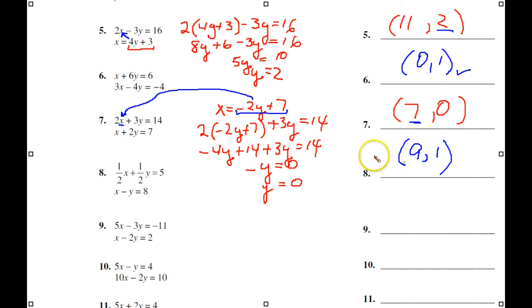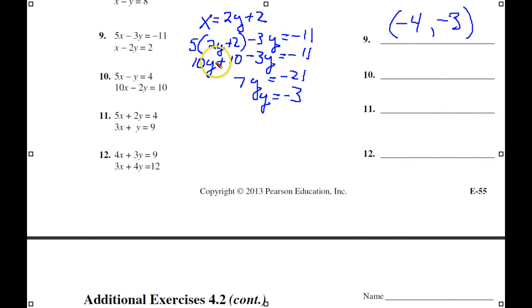And for number 8, you'd probably have to get rid of the fractions here first and then solve for x. Here x equals y plus 8 after you transpose. And they're done in a similar fashion. So for number 9, we have to solve for one of the letters, x. Transpose the negative 2y, becomes this.